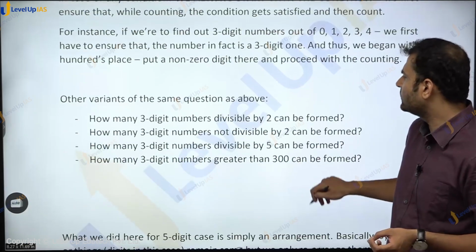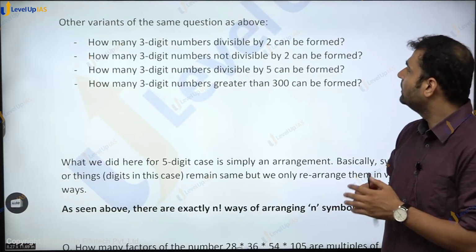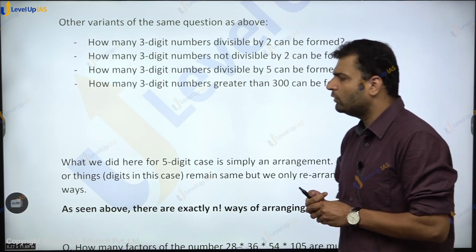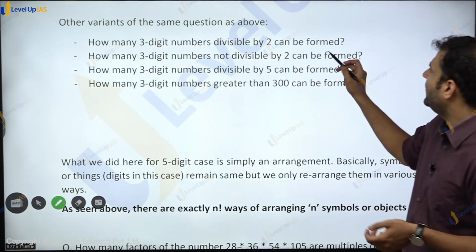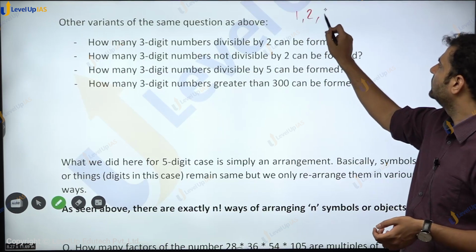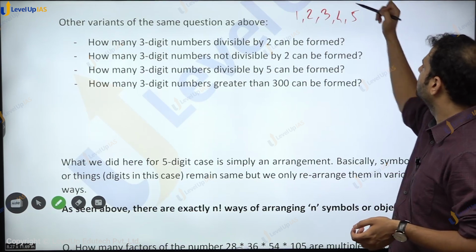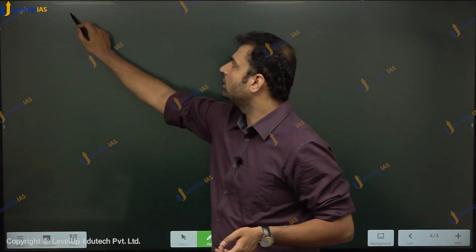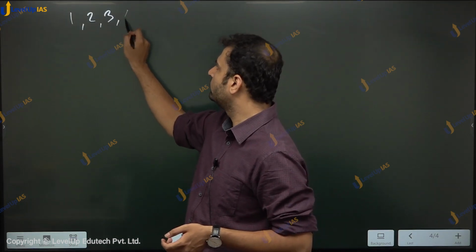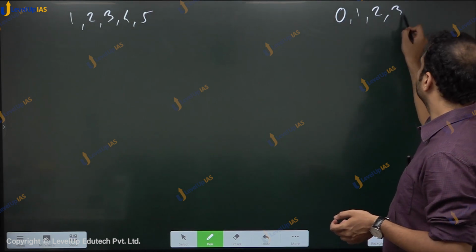Some variants of above question. How many 3-digit number divisible by 2 can be formed? Again, digits are same. If I have digits, let us say 1 2 3 4 5, and secondly I can have, चलो उस पे करते हैं, ब्लैक बोर्ड पे करते हैं. Here we have 1 2 3 4 5. Here we have 0 1 2 3 and 4.